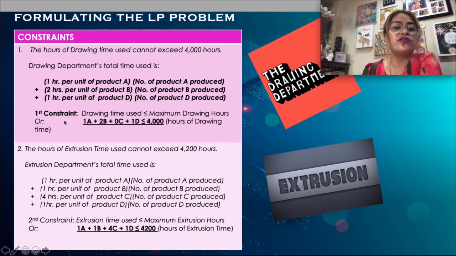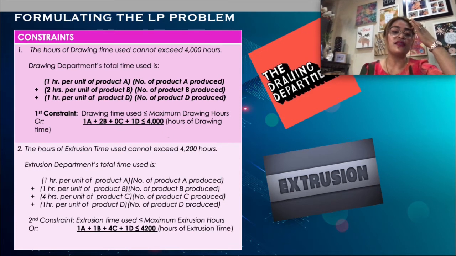The first constraint, therefore, is that drawing time used is less than or equal to the maximum drawing hours, or 1A plus 2B plus 0C plus 1D is less than or equal to 4,000 hours of drawing time. So that's our first constraint.